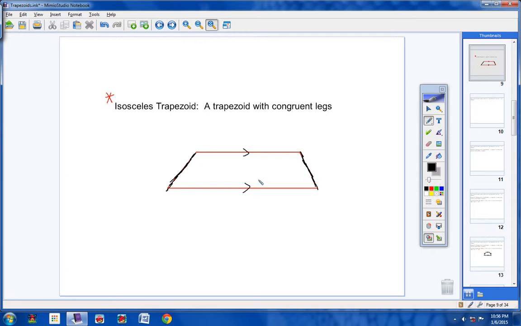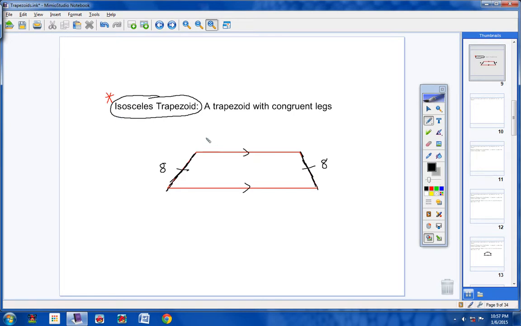Anytime these legs are congruent, we'll put a mark here and a mark here, or you can use numbers if you want to. We'll say this leg here has a length of 8, and this leg here has a length of 8. Anytime you have a trapezoid in which the legs are congruent, then you have an isosceles trapezoid. Got it? So an isosceles trapezoid is a trapezoid with congruent legs.